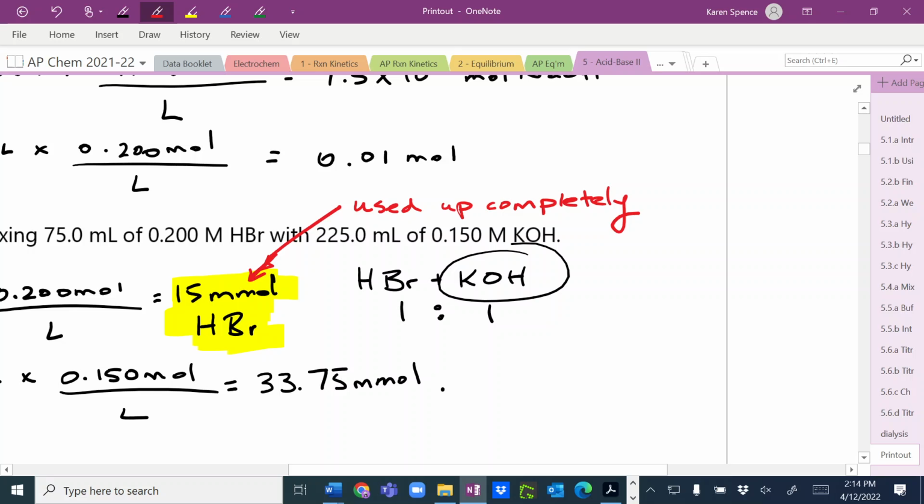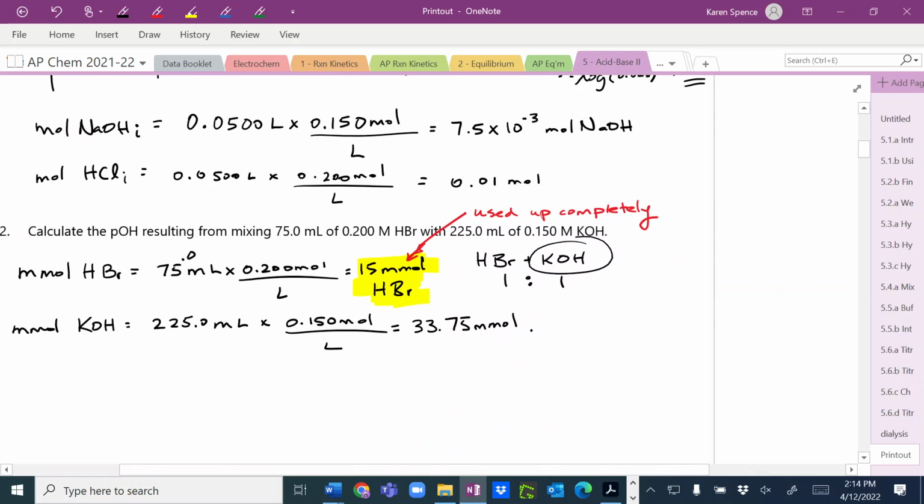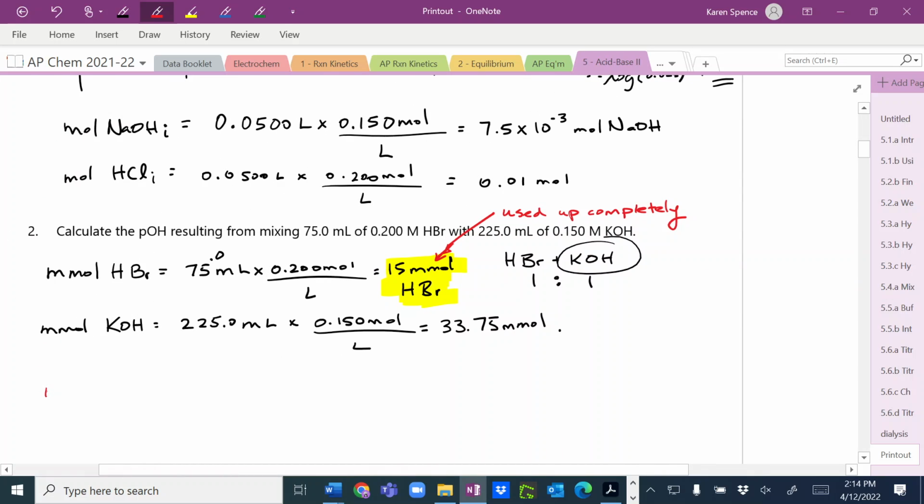And when the stoichiometry is 1-to-1, it's super easy to say how much of the HBr, or sorry, of the KOH was reacted. Yes? Yeah, I would think so. I don't think you need to.